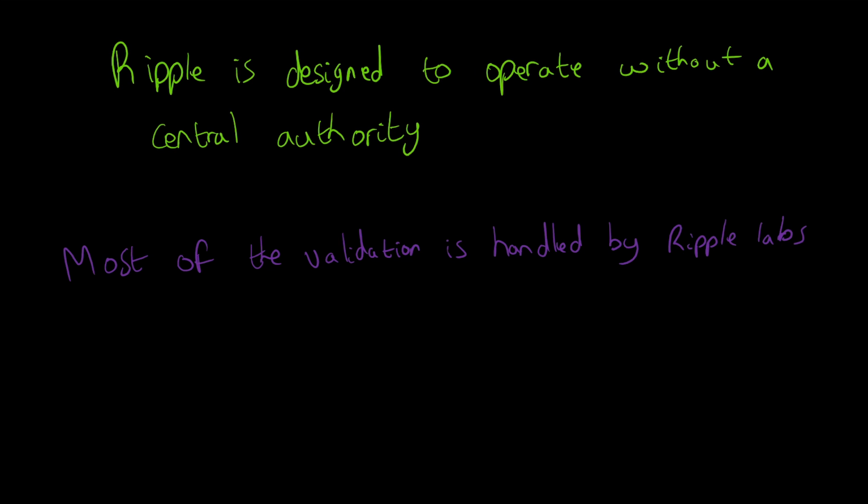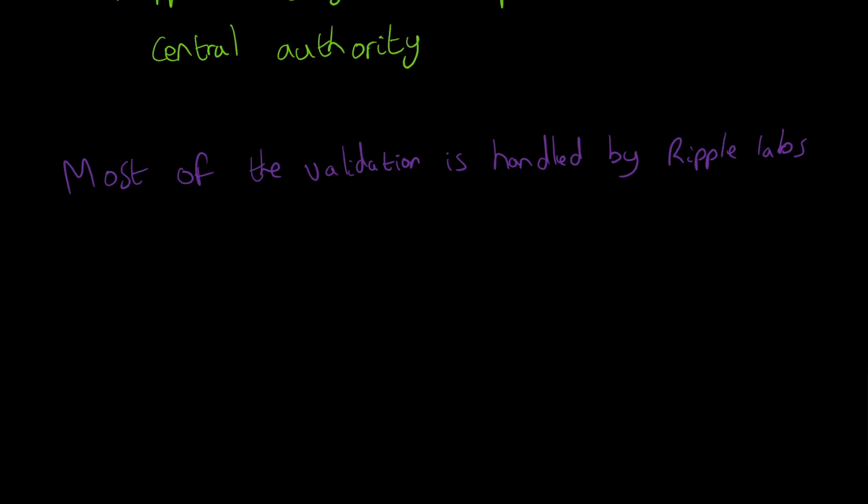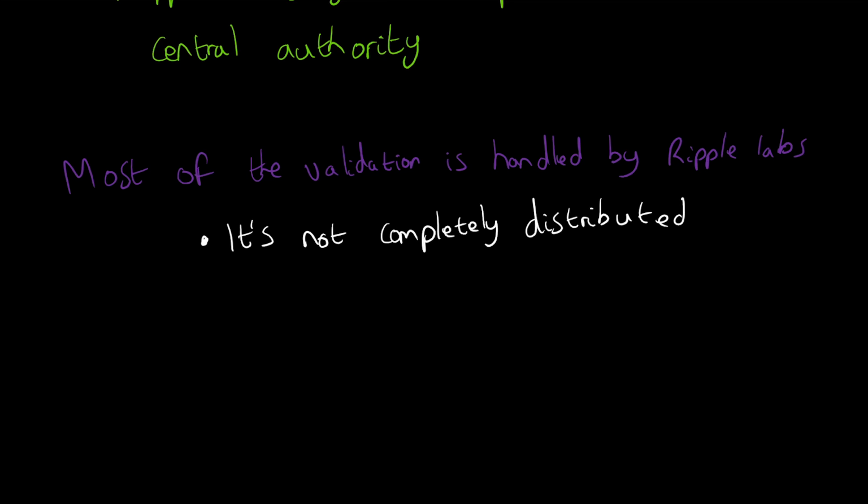So as you can imagine, if most of the validation is done by a single entity, it's not completely distributed. So it does operate without a central authority like a bank, but it is not completely distributed. So not all the users are contributing towards the overall management.